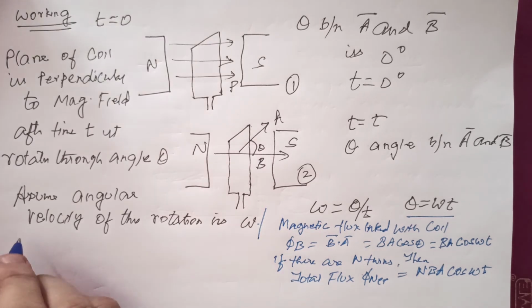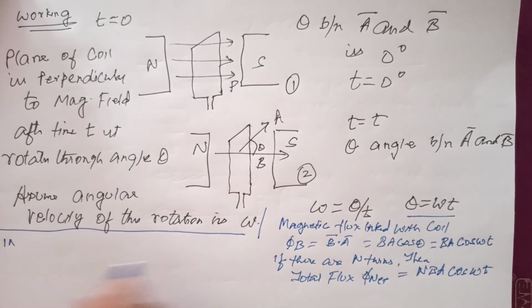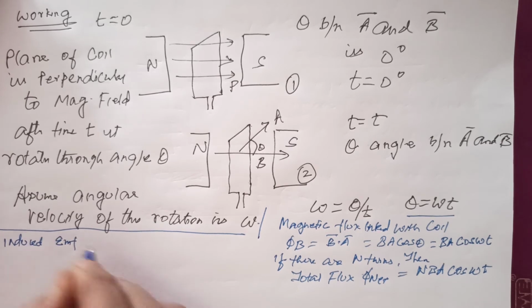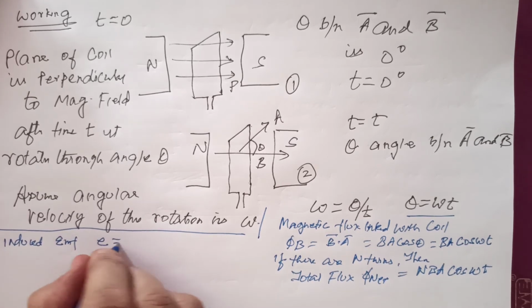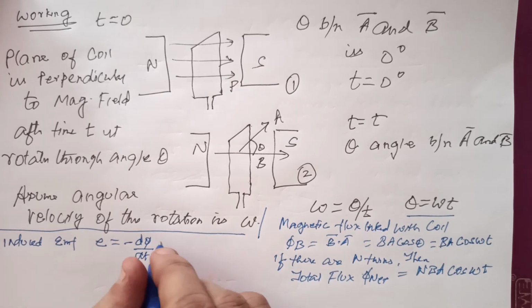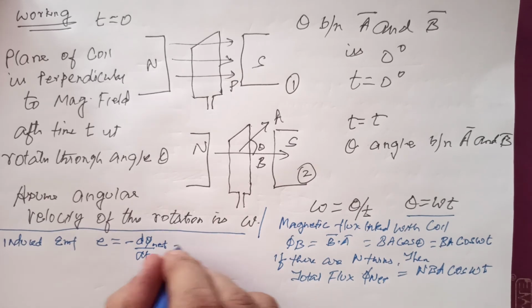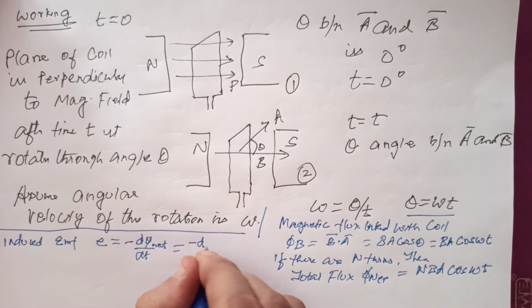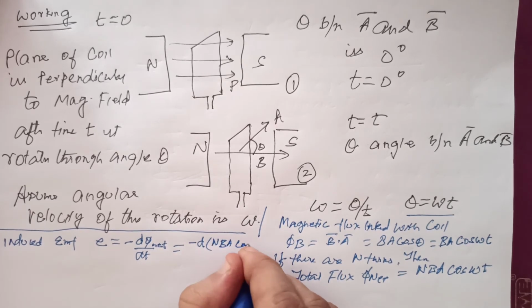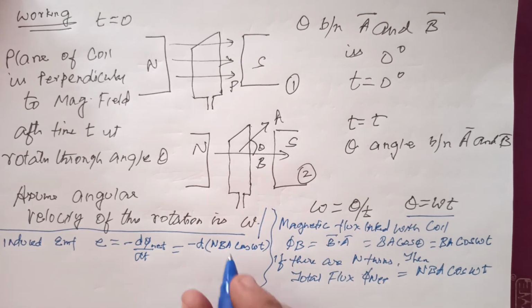Now, after this step, the induced EMF would be E is equal to minus d phi by dt. Correct? If I put phi net, it is minus d(NBA cos omega t) by dt.